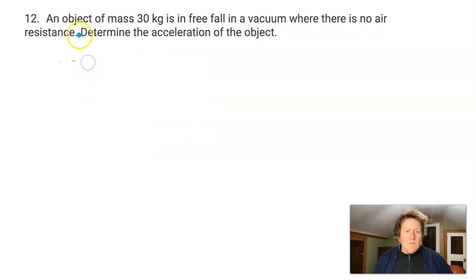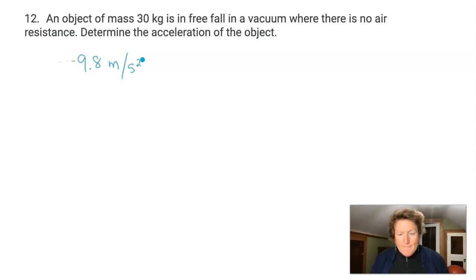So this question requires you to understand that all objects on planet Earth, minus air resistance, are accelerated at 9.8 meters per second squared. It doesn't matter if it's me or my coffee cup or a pencil or a feather.